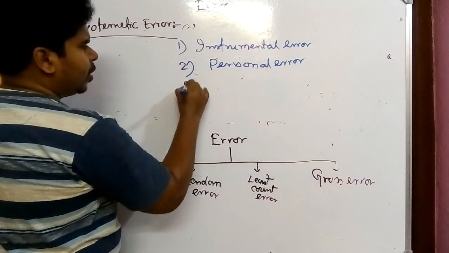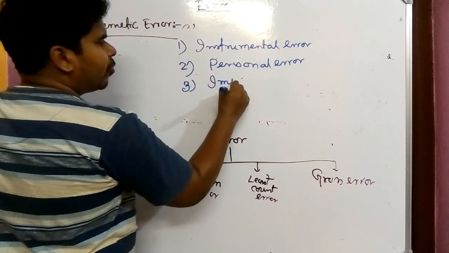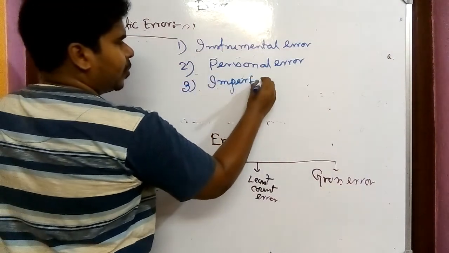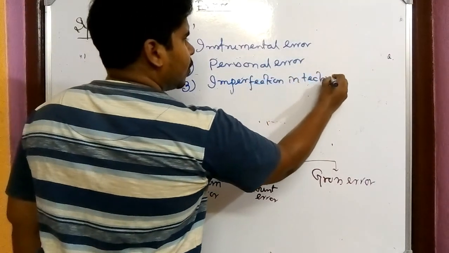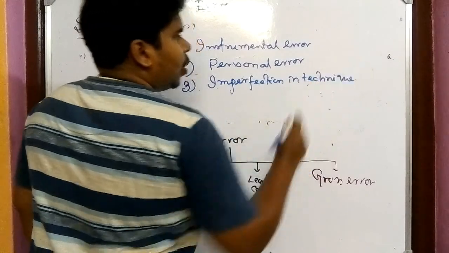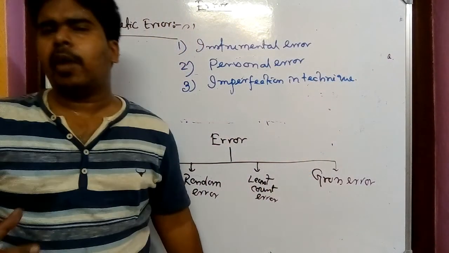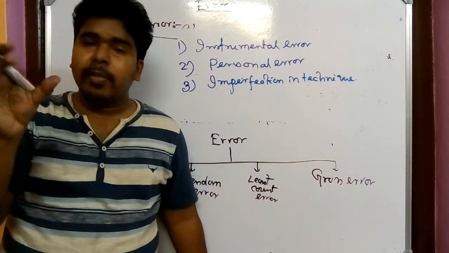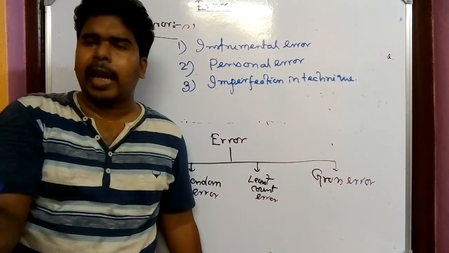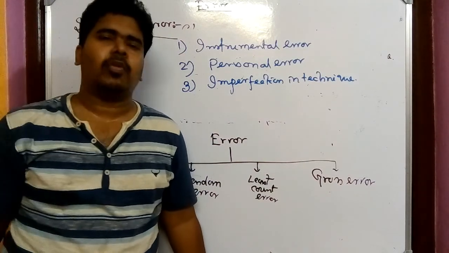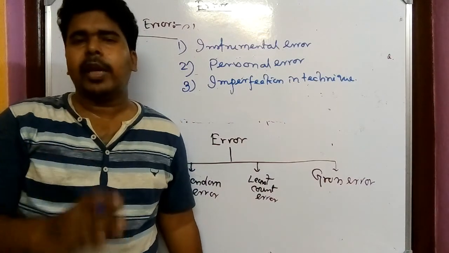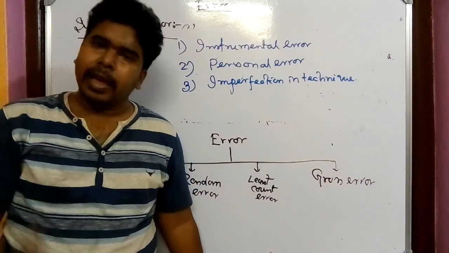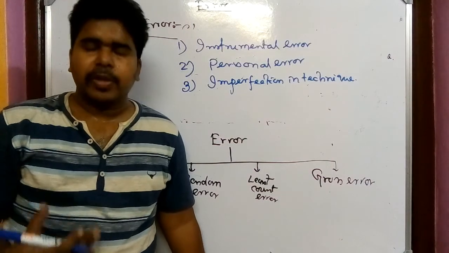Number 3, imperfections in technique. Whenever we have to measure something by an instrument, there may be a desired technique you have to follow. If you have not followed the technique properly, then also there may be some error.